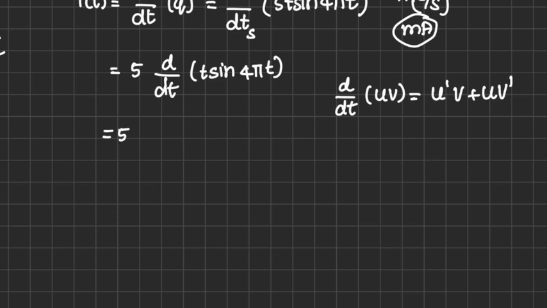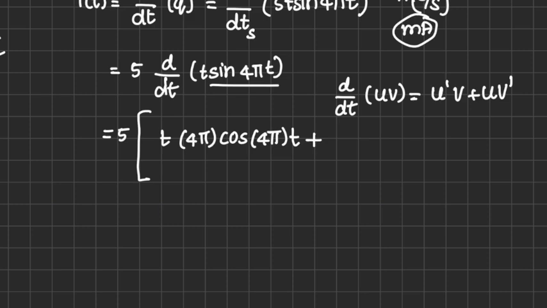This is 5 into, let me preserve t, and differentiating sine 4 pi t, sine is differentiated to cos, and 4 pi comes here. Then keeping sine 4 pi t constant, I differentiate t, which is 1. So which is nothing but u v dash plus u dash v.